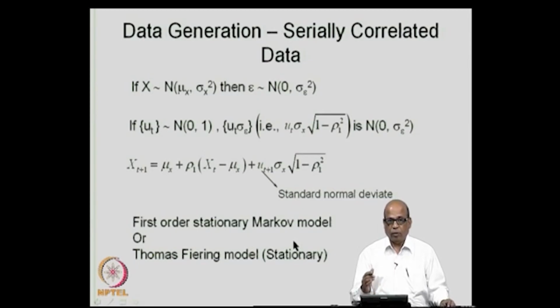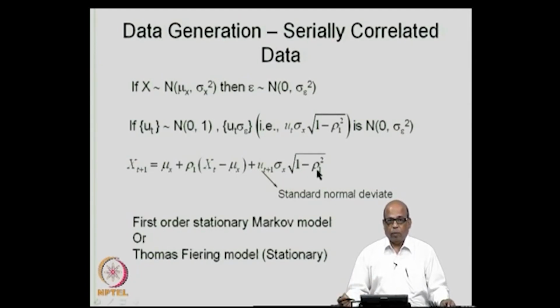First order because we are generating x t plus 1 using the previous value x t only and not x t minus 1, x t minus 2 and so on. So, we are just using one previous value. So, it is a first order Markov model. It is stationary because we are using the same value of mu x and sigma x for all the values. So, it is stationary both in mean as well as standard deviation.